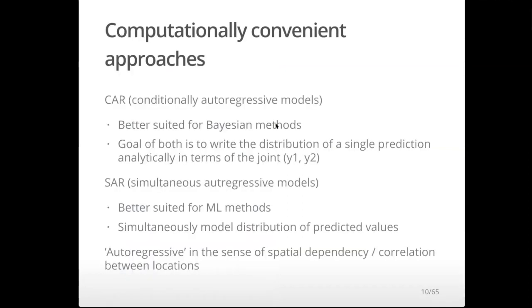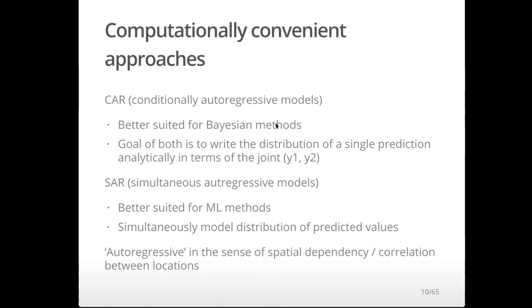Okay, so in thinking about different ways we can analyze the data, I'm going to start with some of the most computationally friendly approaches, and we'll get a little bit more complicated from there. The first family of these types of models is called CAR or SAR models.